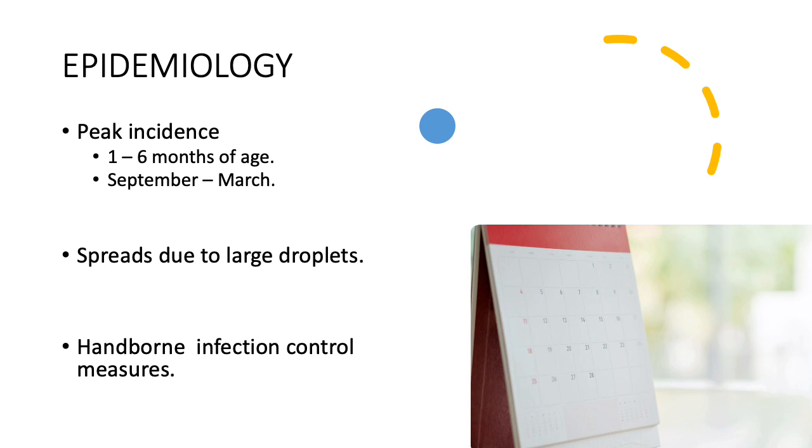These droplets do not travel beyond 2 to 3 meters from that person, and they tend to settle down easily on the surfaces. So whenever another person comes in contact with that surface, he tends to acquire infection from that contact. Hence, hand-borne infection control measures are the most important measures to prevent these droplet-borne infections. The recent droplet-borne infection which we are facing, because of which we are having this online session, is COVID-19, that you all must be knowing.